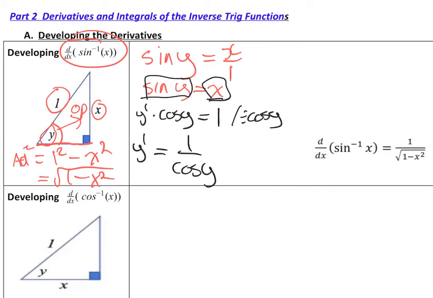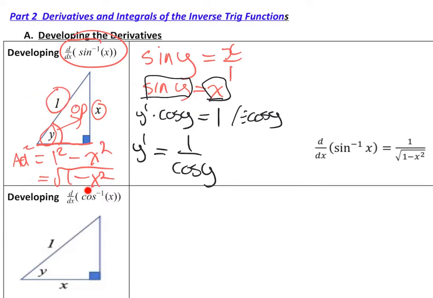But I don't want to have a derivative defined in terms of y. I want the derivative defined in terms of x. But can I go to my triangle now and do that? So let's think about this for a second. What's cos y worth? Cos y is adjacent divided by hypotenuse.